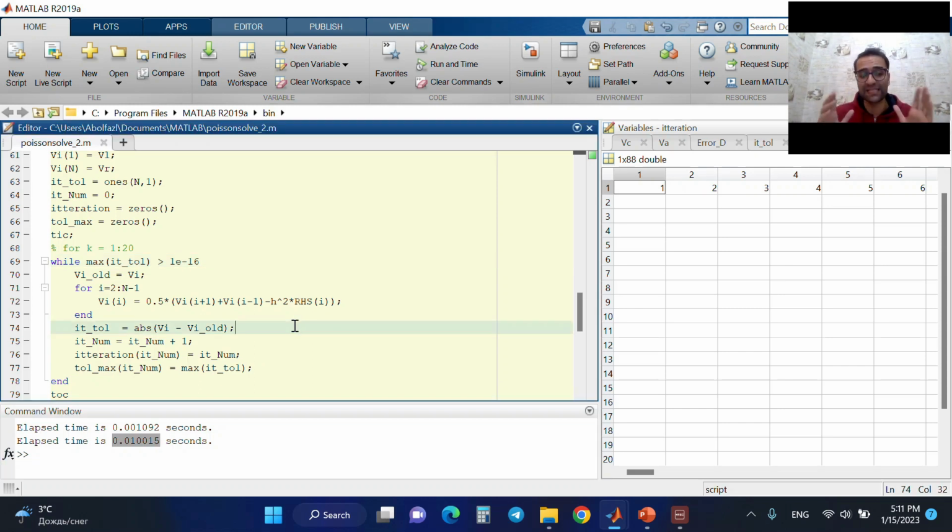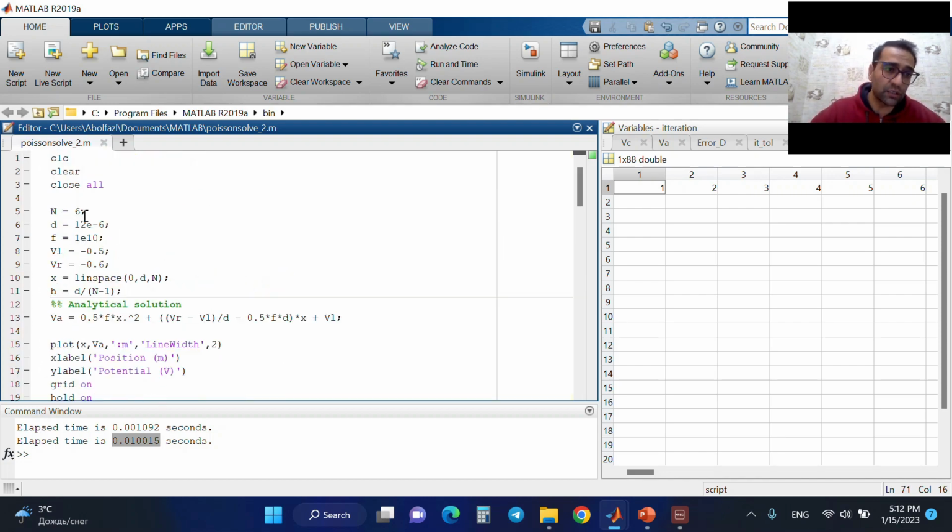But we need this iterative calculation somehow, and it will be the topic of the next video, where I will show how we can solve a nonlinear Poisson equation using the iterative technique. That's why, although it takes more time, sometimes we have to use this iteration technique.